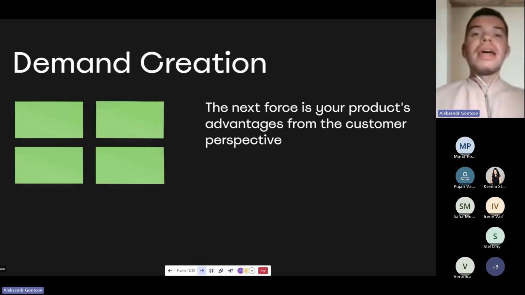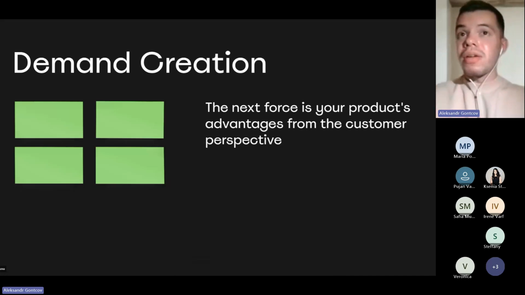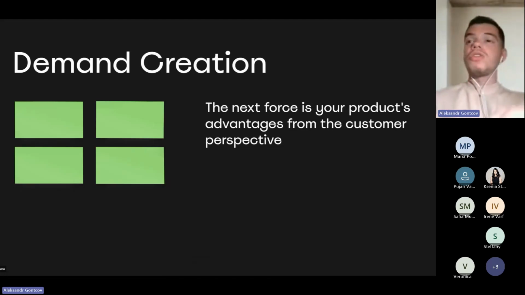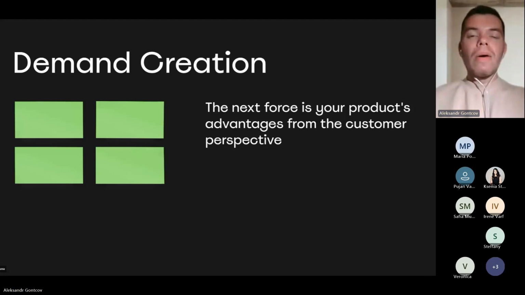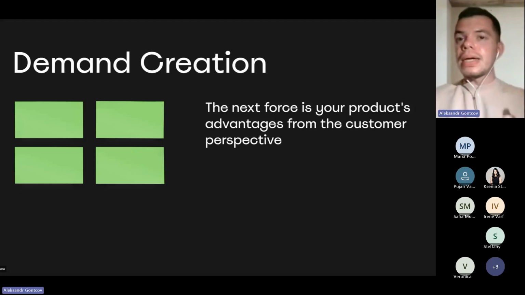The second thing is the great one, and we think about our advantages, what we can do better and what we are doing better already. So again, from the customer perspective, if we are doing something great, but our customers don't really think that it's essential, or they don't actually see that as an advantage, but more like a hygiene factor, that will not work and that will not help us to create demand.